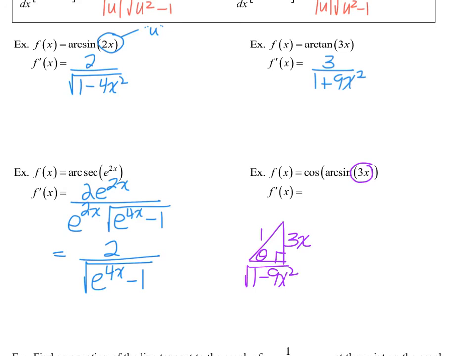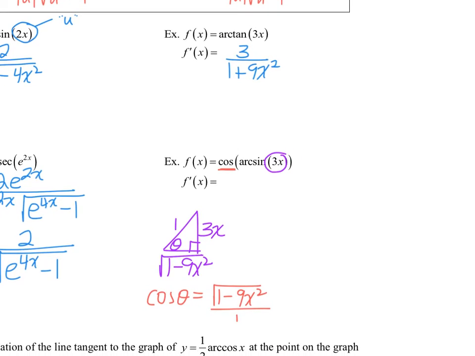Thank you. And then from that, I need the cosine. Cosine of the theta would be equal to adjacent over hypotenuse over a 1. So what that's telling me, all of that stuff, is that the cosine of the arcsine of 3x is the same as the square root of 1 minus 9x squared.